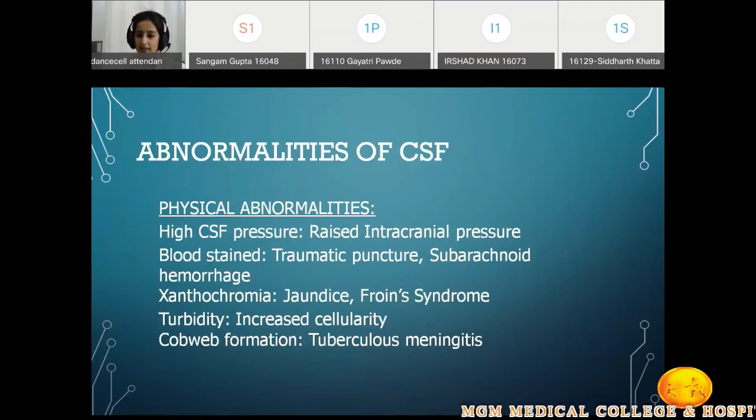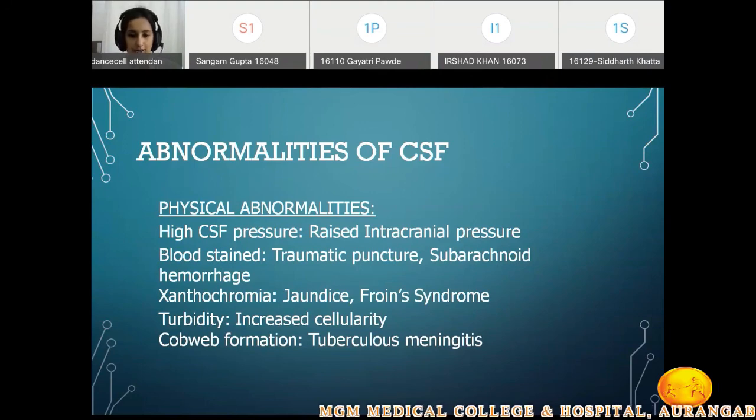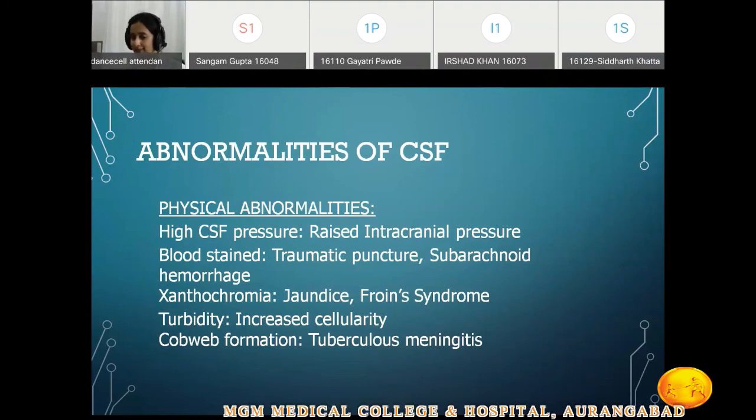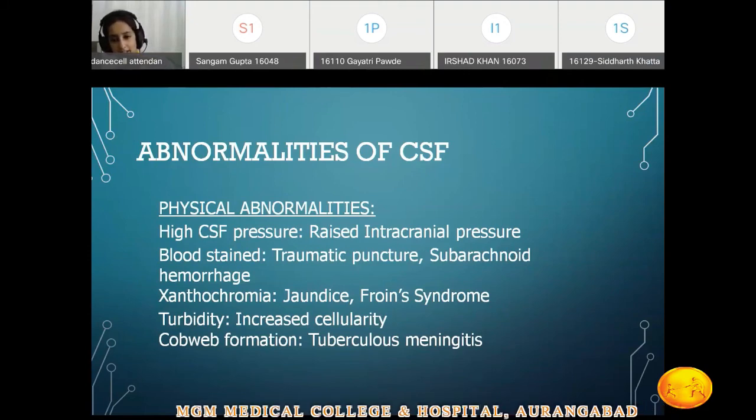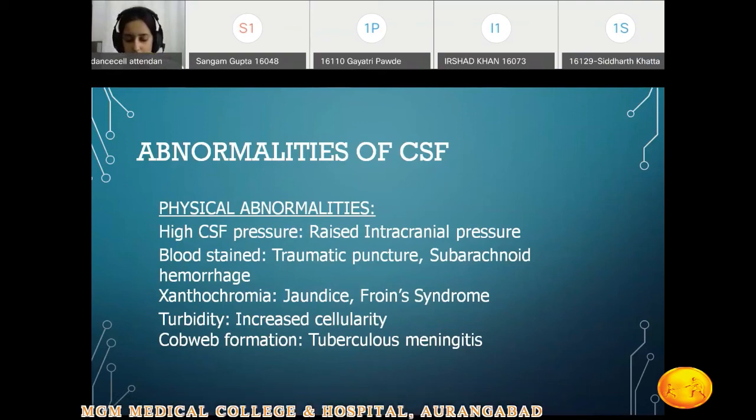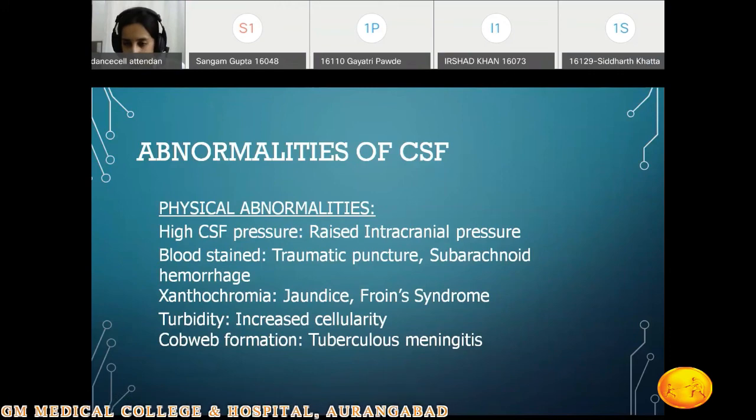Blood staining can be in traumatic puncture or subarachnoid hemorrhage. Xanthochromia is usually present in jaundice, subarachnoid hemorrhage, Froin's syndrome. Turbidity is increased because of increased cellularity and increased exudation of proteins, and complex formation is usually present in tuberculosis. So all these features are asked to be drawn in a diagram.